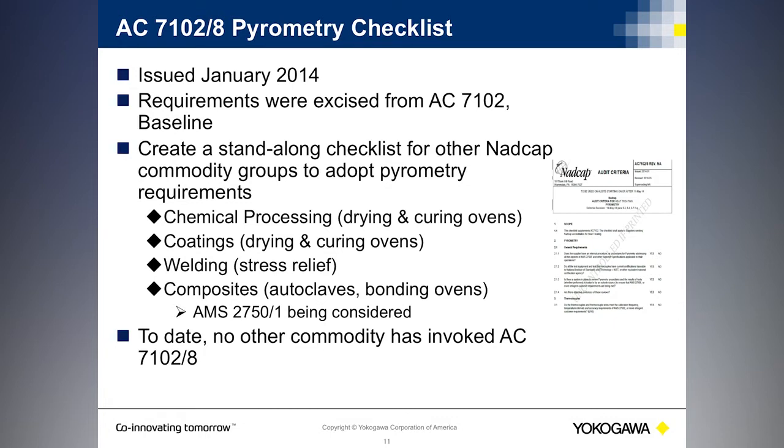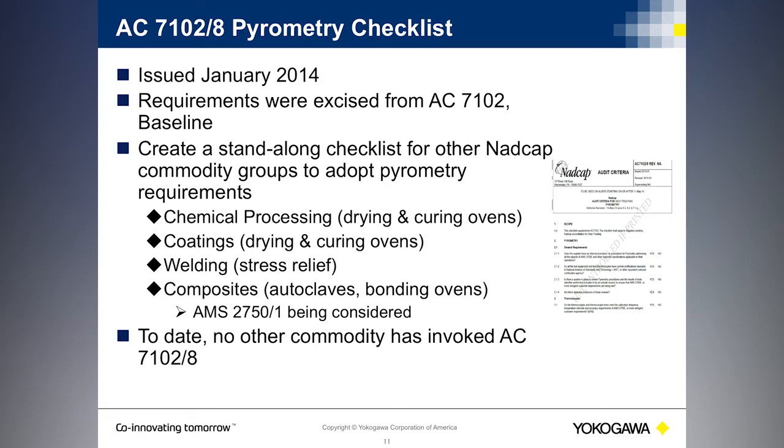It was created to have other Nadcap commodity groups adopt the pyrometry requirements. Those who are involved with chemical processing already know that the AC7108 checklist does have pyrometry requirements. Coatings and welding, and this is also talked about with composites, have pyrometry requirements.